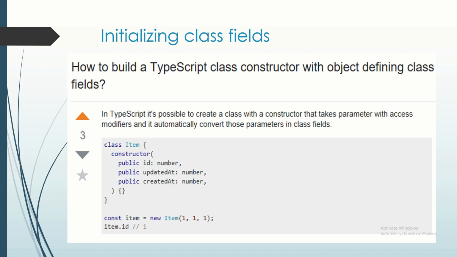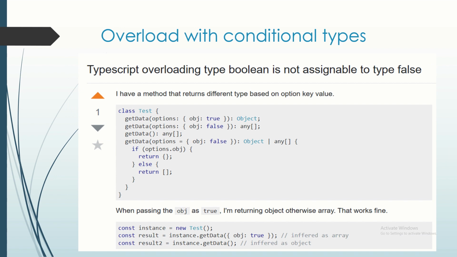But first, conditional types. I'm going to introduce conditional types first in a simpler context, and we're going to look at another question. Here the person wants to add some overloads. In TypeScript you can add several overloads, and you can have different return types based on the parameters of the overload.